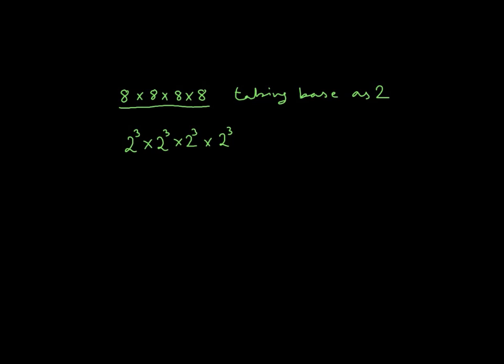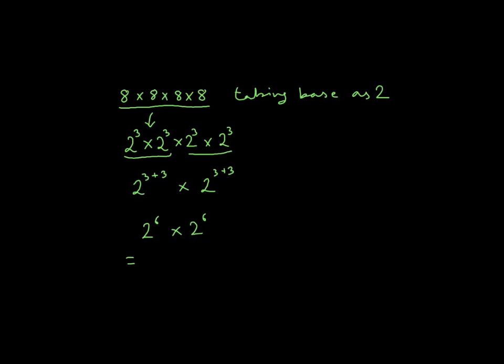Now if I apply the first law, in the product of the first two numbers, 2 is the common base and powers will be added. In the same way, here 2 will be the common base and powers will be added. So we are getting 2 raised to power 6 into 2 raised to power 6.